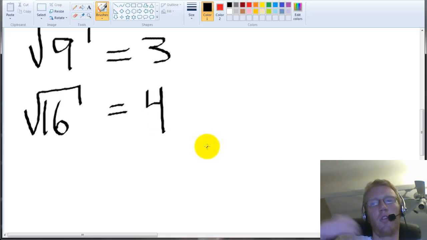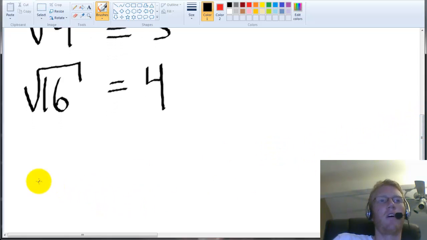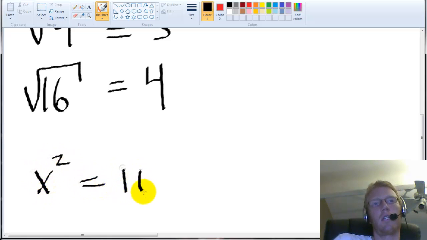The case where you're going to get both positive 4 and a negative 4 is if you have a variable under the square root sign. It's a subtle difference, but let me try to explain what I mean, and then we'll do a lot of examples about it in a second. If I have something like x squared equals 16, so I said the opposite of squaring it is square rooting it, so I'm going to take the square root of this and the square root of this.